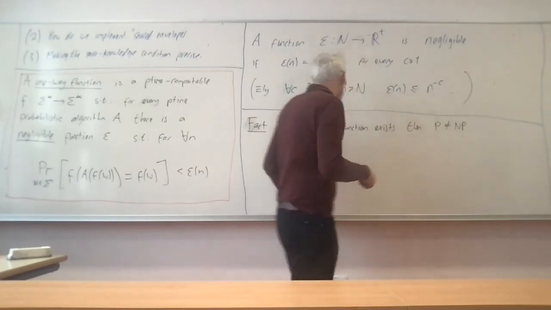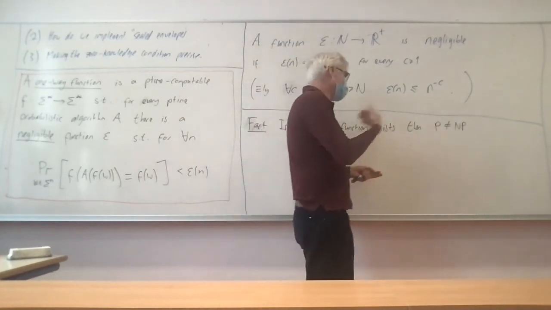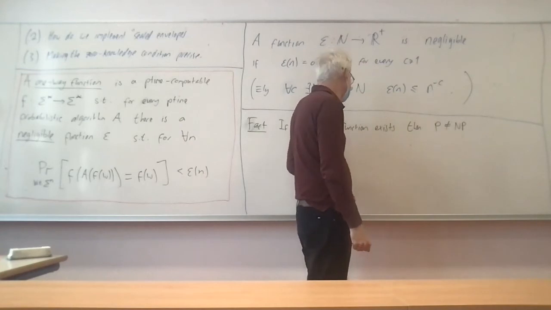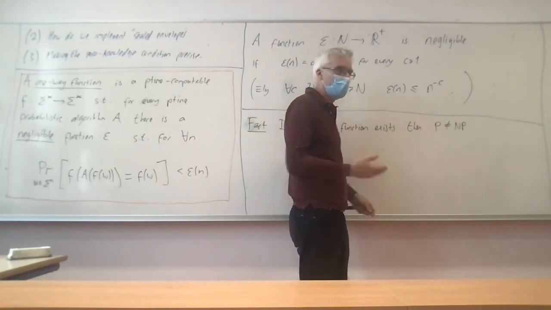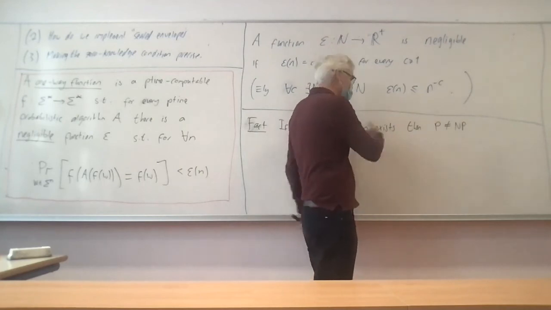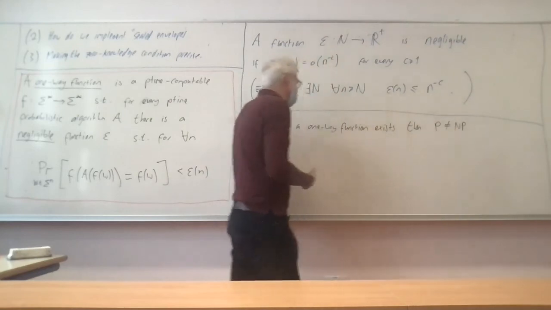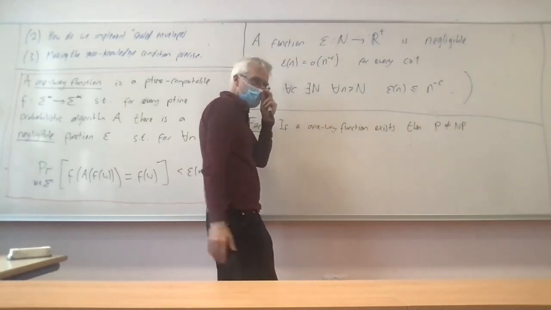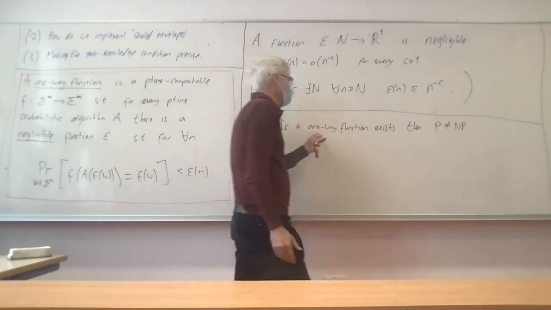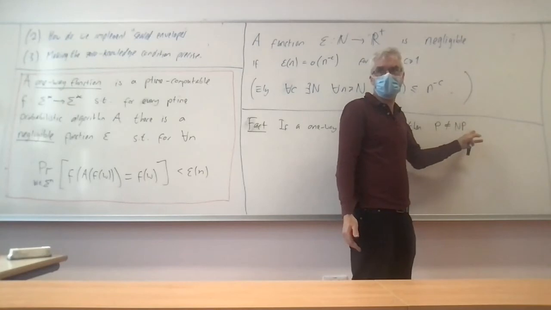On the other hand, if P does equal NP, then we can efficiently compute those, but in a sense we can efficiently compute too much. For example, we can efficiently compute inverses for arbitrary functions. And it's very useful to have functions that we can't efficiently compute inverses of. We're relying on P not being equal to NP for that.